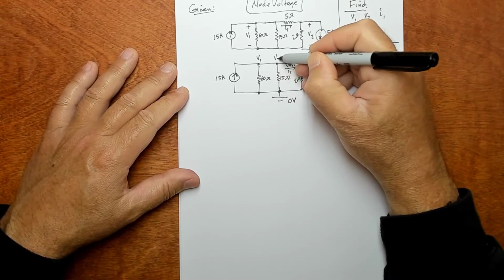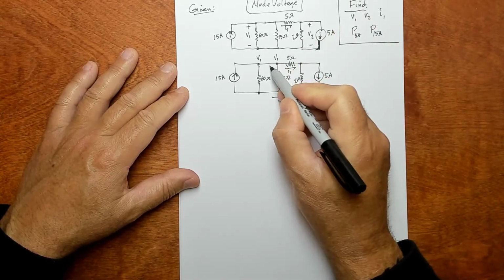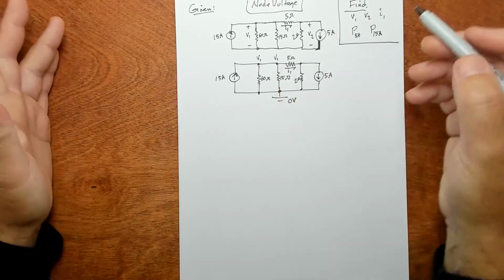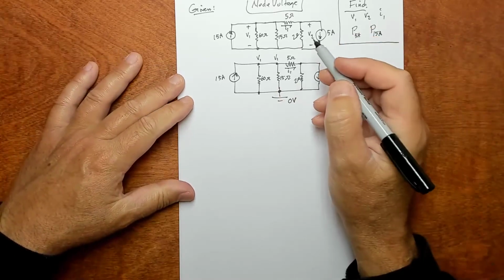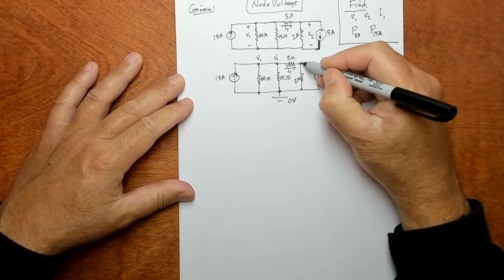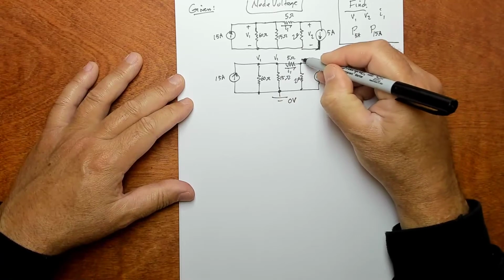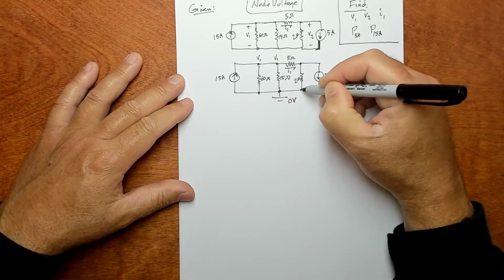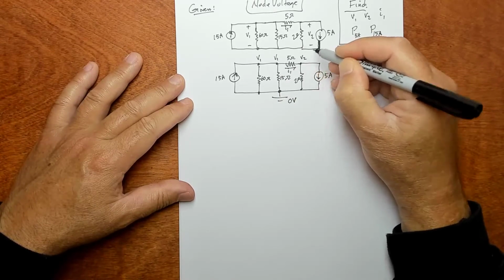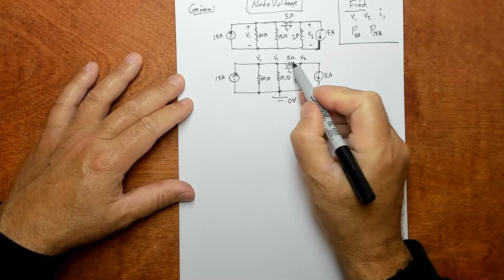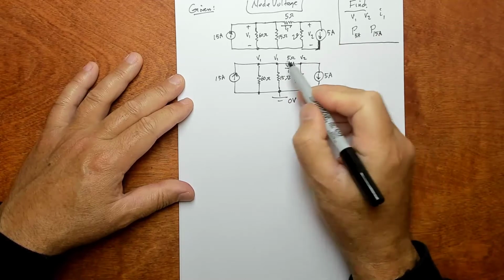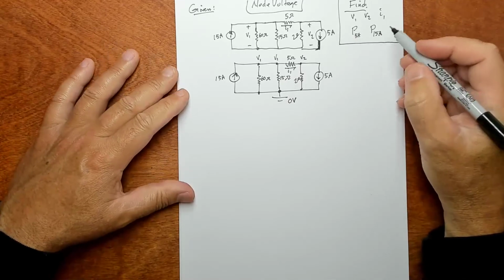So really this is also V1, okay? In other words, on either side of a wire is the same node. And I'll show you another way to do that in a minute. So on the other side of this guy is a node V2, and there's a node on either side of this 5 ohm. So we're good. We've got all the nodes in there.